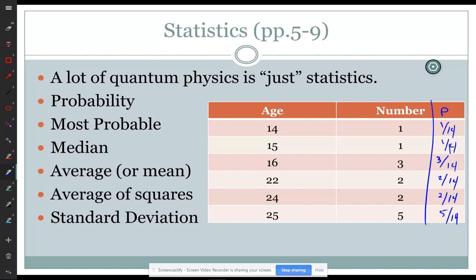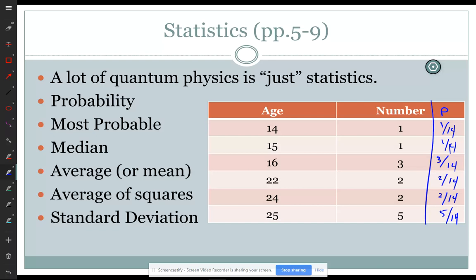Okay, what about the average age, also known as the mean, or in quantum physics, the expectation value? We'll use the word expectation value a lot. The expectation value means if I took a statistically significant number of measurements and took the average of those, what do I get? So in other words, it is the average. So what's the average of these?